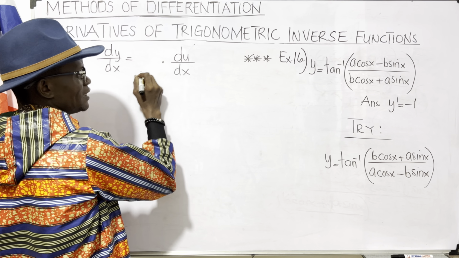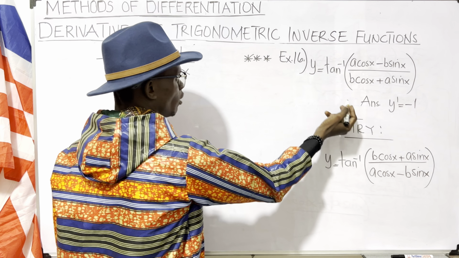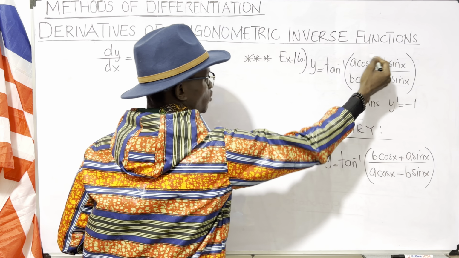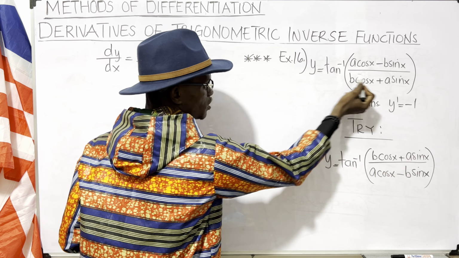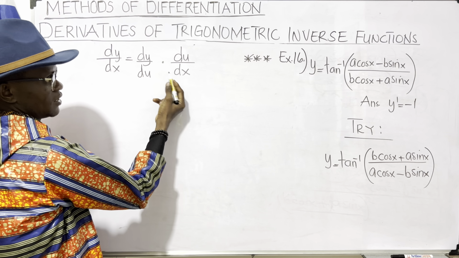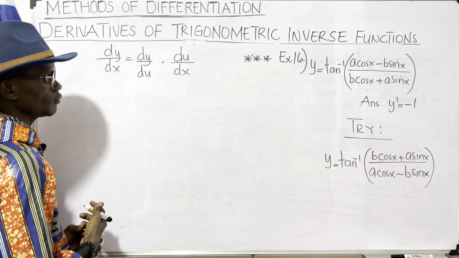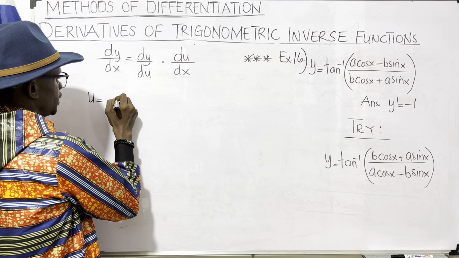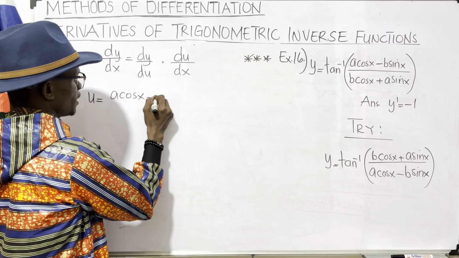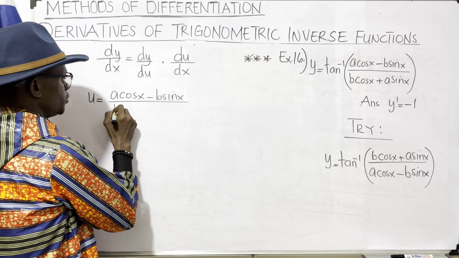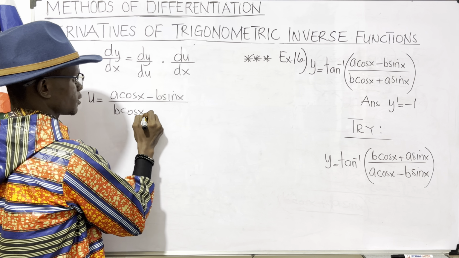Then we multiply that by the derivative of y with respect to u. Now the du's cancel, and it just equals dy/dx. So u equals (a cos x minus b sin x) all over (b cos x plus a sin x).